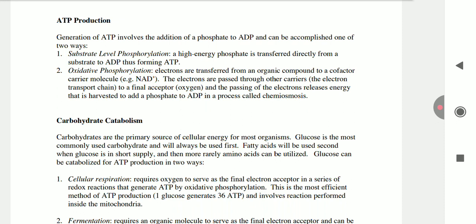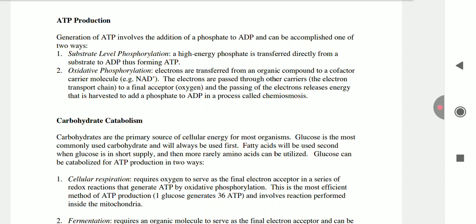Electrons are transferred from an organic compound to a cofactor carrier molecule, NAD. The electrons are passed through other carriers, like the electron transport chain, to a final receptor, oxygen, and the passing of the electrons releases energy. This is harvested to add a phosphate to ADP in a process called chemiosmosis.